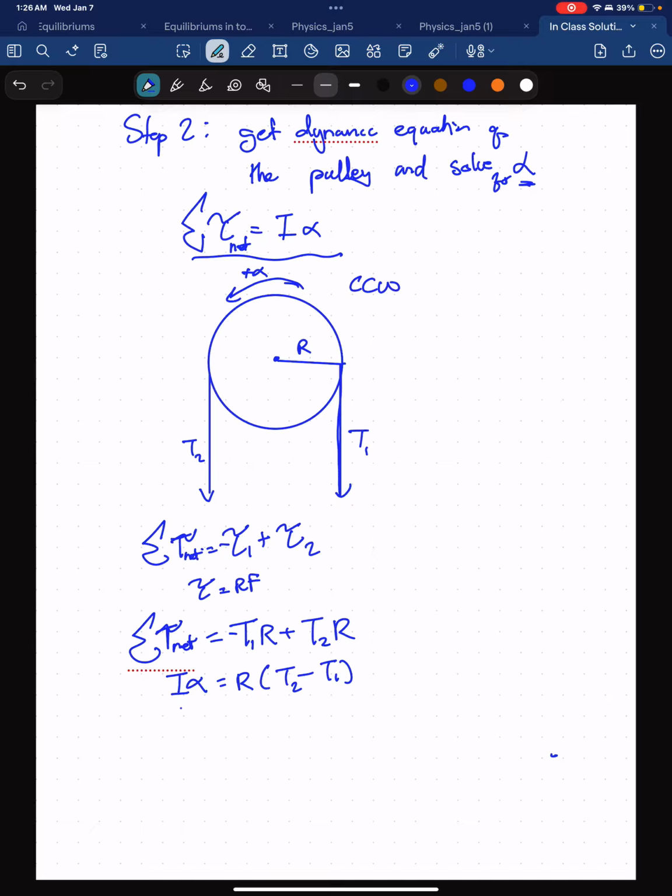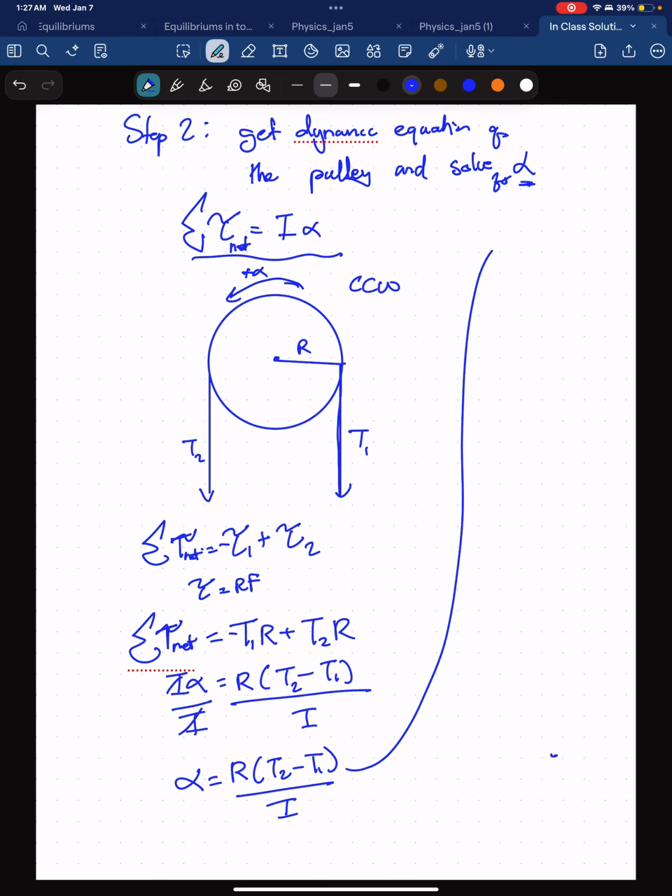I can solve for alpha and get that my alpha expression is going to be R times (T2 minus T1) over I. All right. Then this can be simplified a bit further.